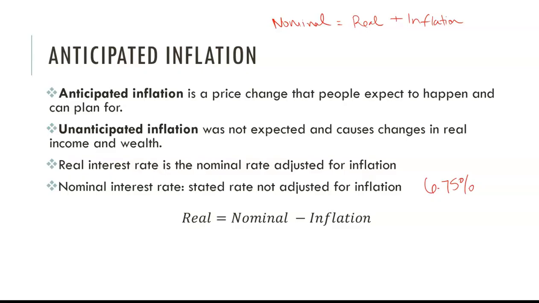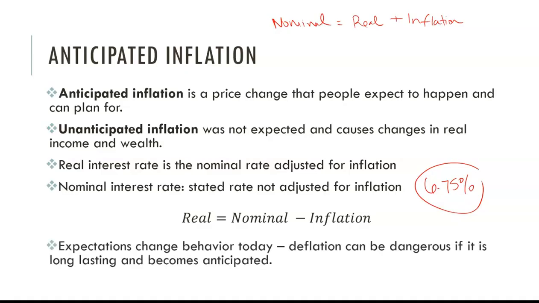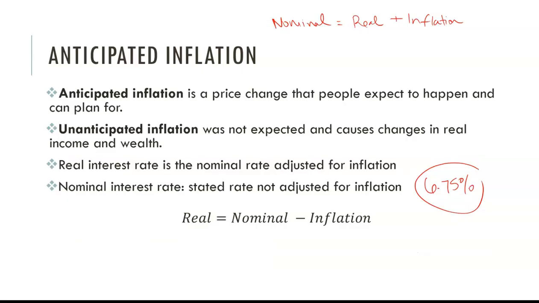We can rearrange this equation. If we're trying to calculate the real rate, we could take whatever the nominal rate or the stated rate on a loan is, and then subtract the inflation rate, the actual inflation rate. For example, if we have a nominal rate of 6.75% and we have inflation of 4%, what is the real interest rate?